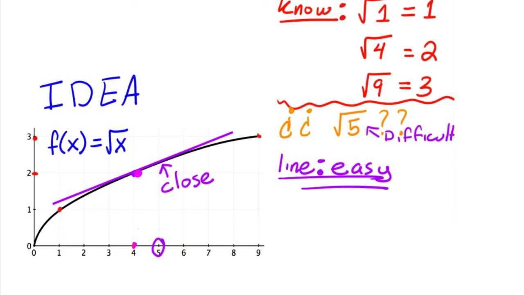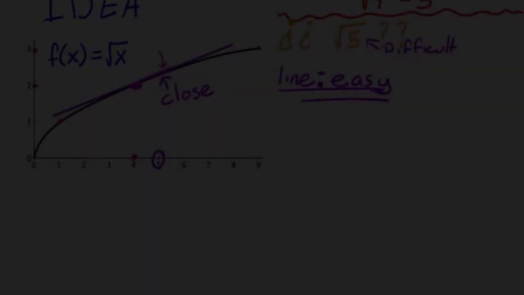Here we would choose 4 because I know the square root of 4 is 2. You find the tangent line and you plug 5 into that tangent line because that would be easy. Okay, so let's do that.